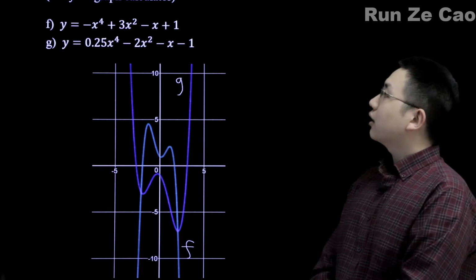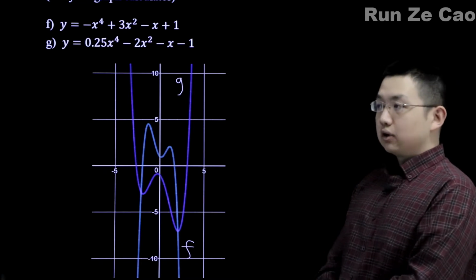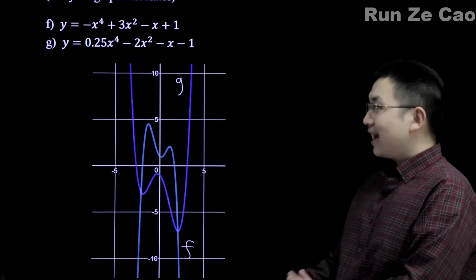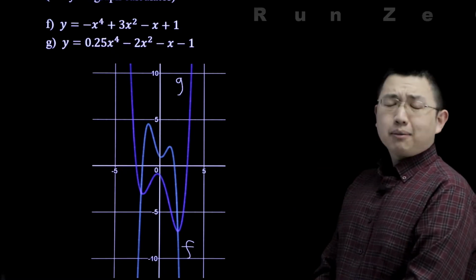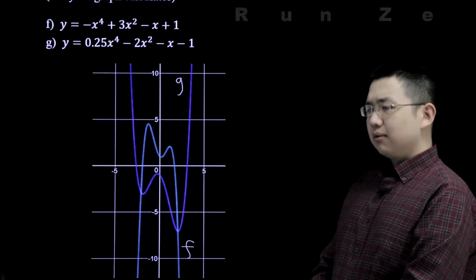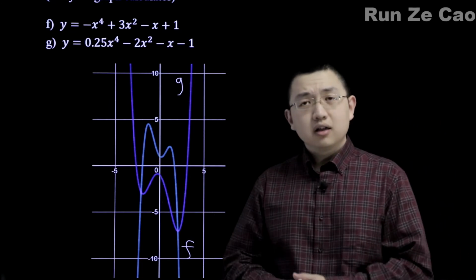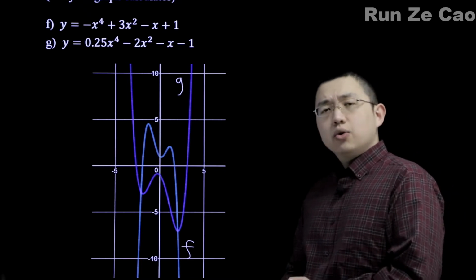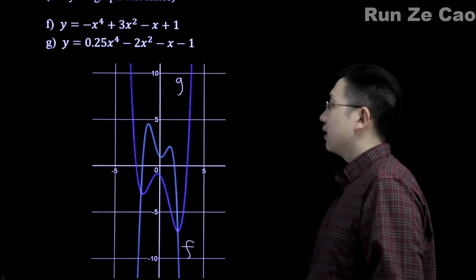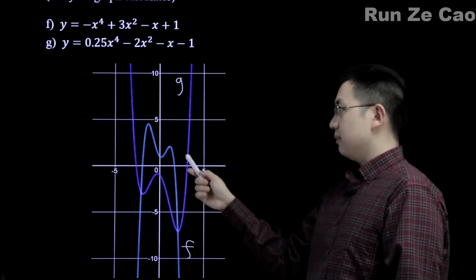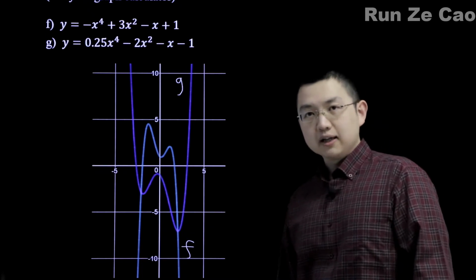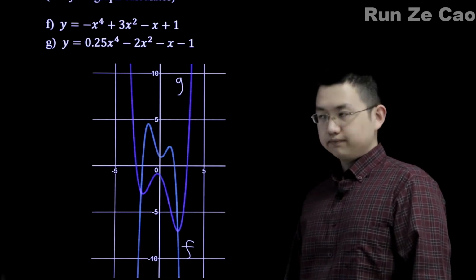The number of local maxima and minima depends on the degree of the function. We noticed earlier that if it was a function of degree 2, we always had a parabola. So we could never make a bulge in the middle of the parabola or something similar. So we can conclude that the number of maxima and minima put together must be less than or equal to n minus 1.